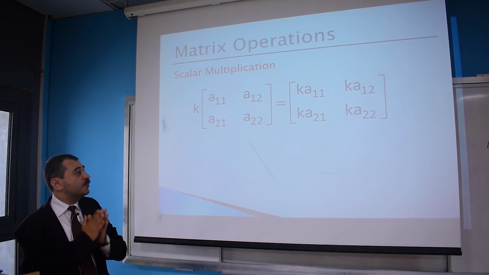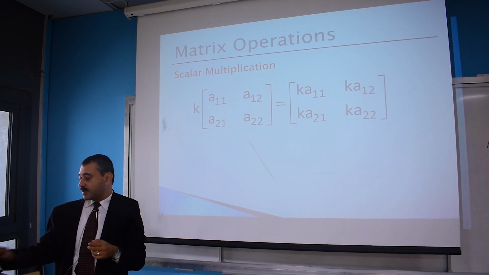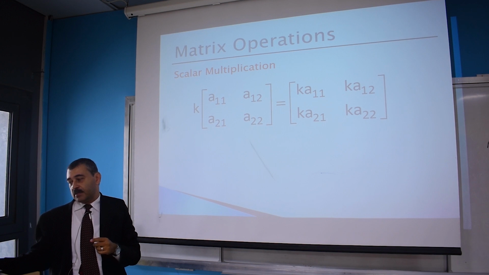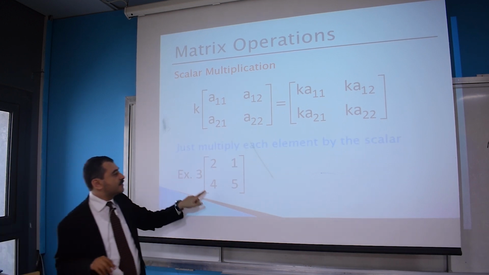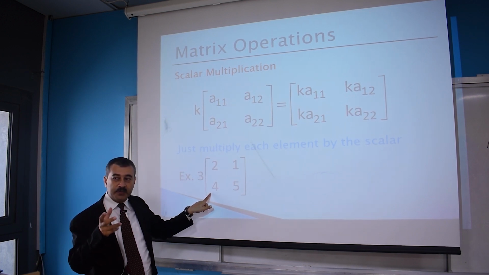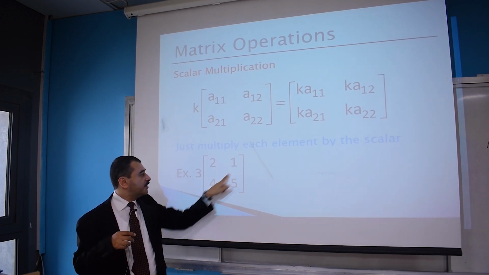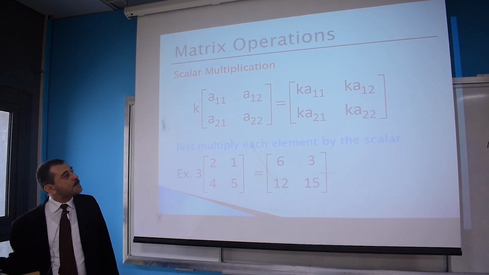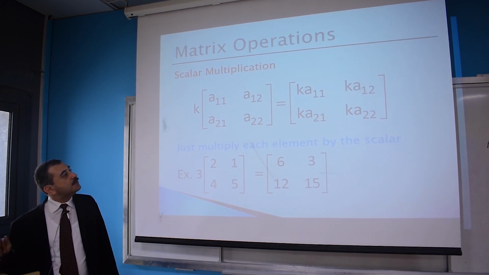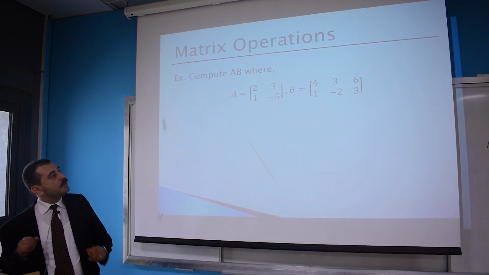For matrices, we multiply each entry by this scalar. So for example, if you have 3 times this matrix, the output would be 6, 3, 12, and 15. Okay.